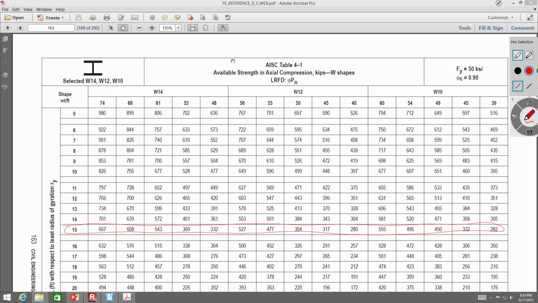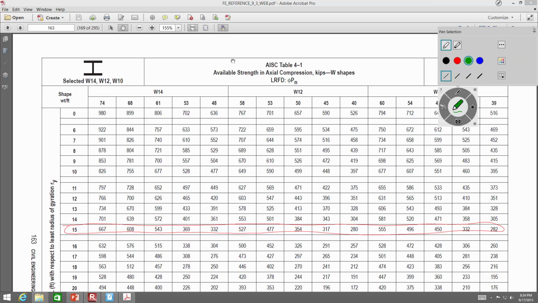Let's make this simple. We've got 4 choices to this problem: a W12 by 53, 50, 45, and 40.